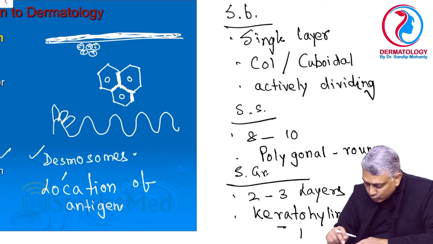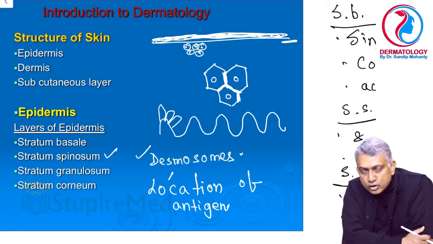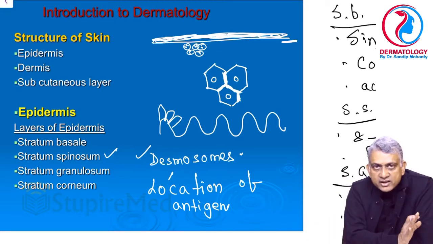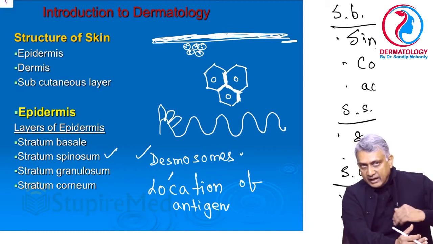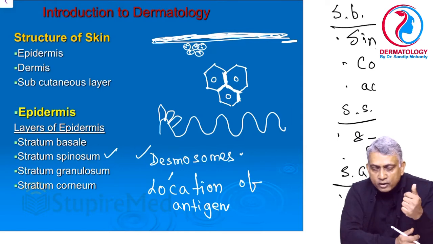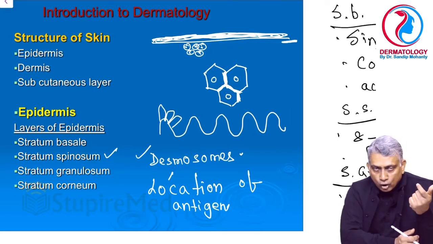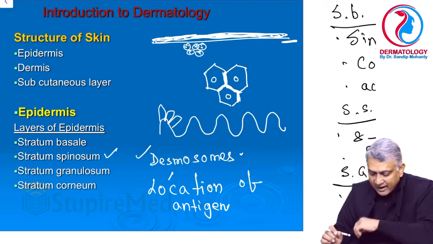Where is this stratum lucidum located? It is located in between stratum corneum and granulosum, present only on palms and soles where the epidermis is thickest. So, these are the layers of the epidermis, starting from below: stratum basale, stratum spinosum, stratum granulosum, stratum lucidum and stratum corneum, right.